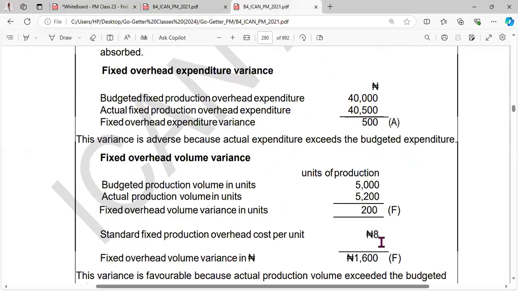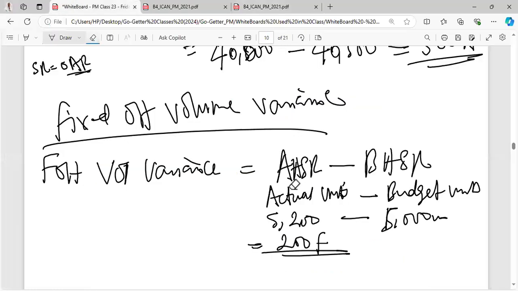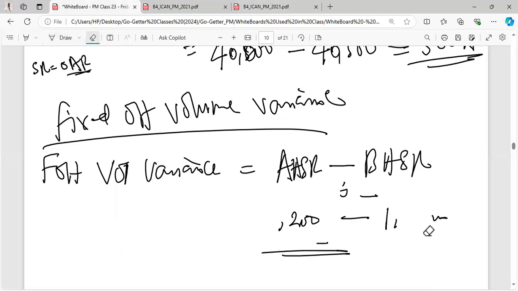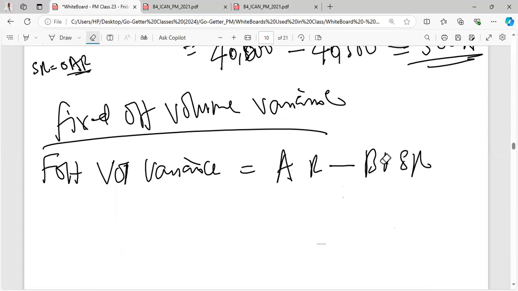Now, when you multiply by the standard cost, it's still the same thing. All I would have done here, instead of using hours, I'll be using units. Actual unit standard rate, budgeted unit standard rate, because it's volume.